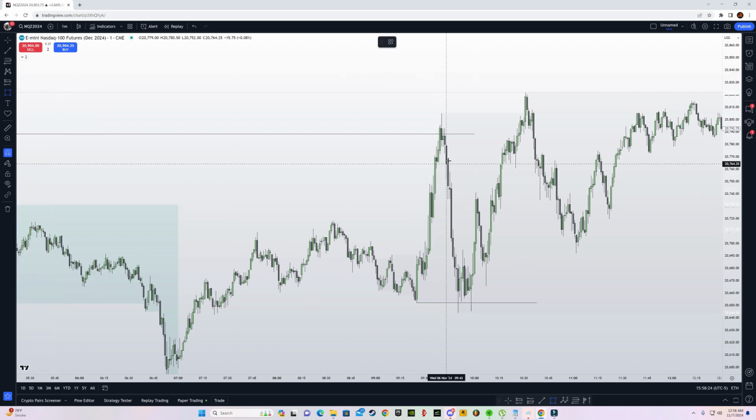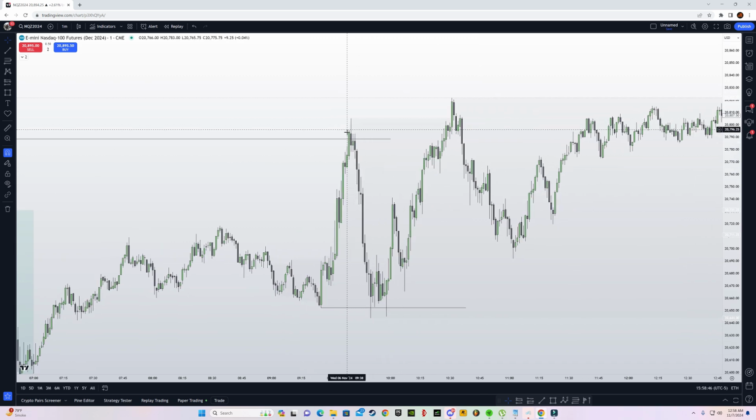So once we took out the buy side liquidity, I was waiting for some sort of PD array to be broken, and then I was waiting for momentum and volume to tell me where the market wants to go. Now, this is very hard to explain, but again, as I said before, when you watch someone trading live, you will gain experience, right?